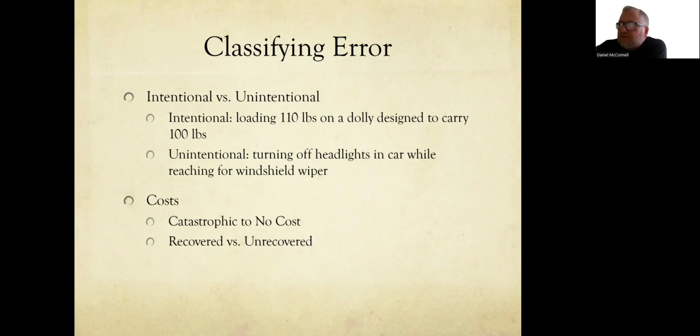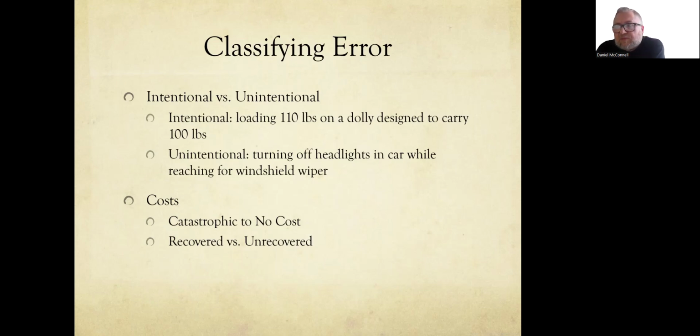If we think about my unintentional error example of accidentally turning off the headlights when you are trying to activate the windshield wiper, that's a recoverable error, right? You would immediately realize, well, oops, I just turned off my headlights, and you would correct that action by turning the headlights back on, and hopefully nothing terrible would happen, right?